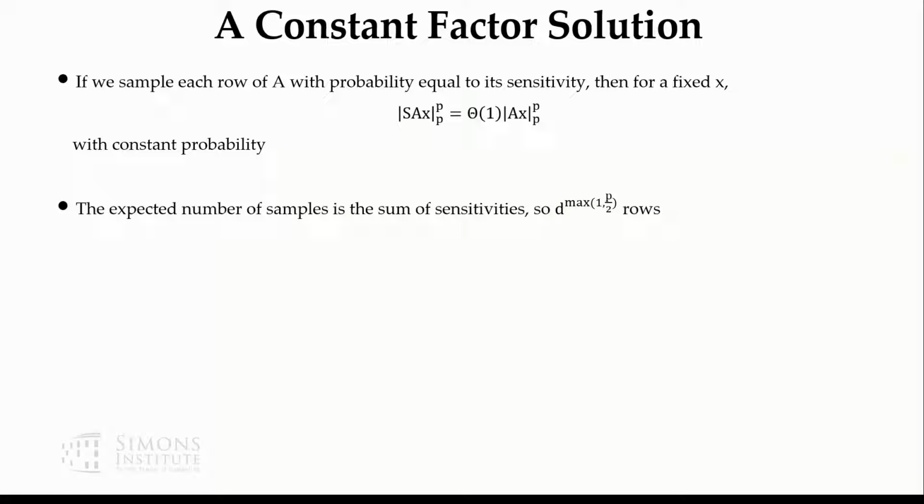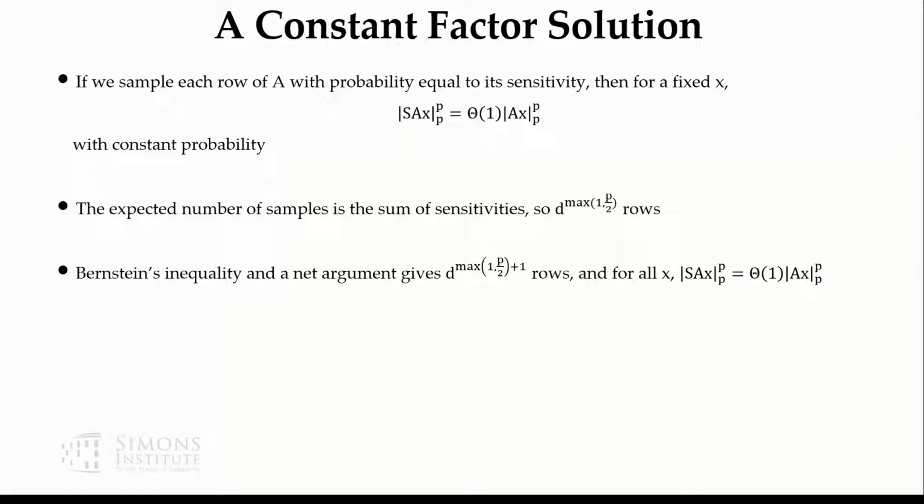Okay, so this was for a fixed x. How do we get a statement for all x? Well, you can show that the dependence on the failure probability will be log 1 over delta, so you'll get log 1 over delta times the sum of sensitivities bound. If you just do a standard net argument, you choose an exponential in d sized net, then you can union bound over all net vectors.